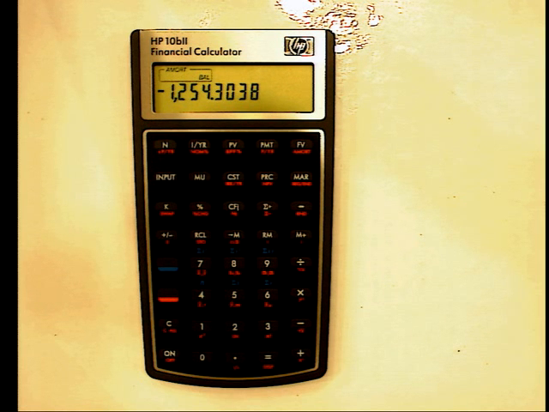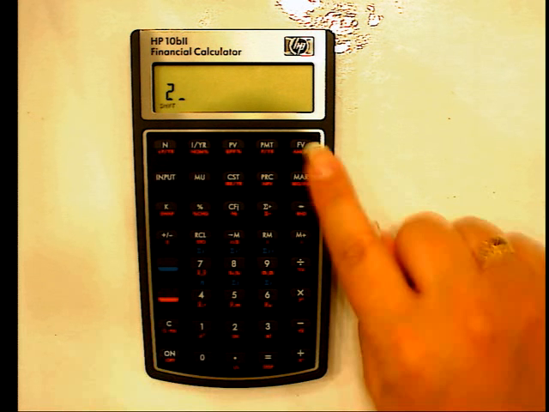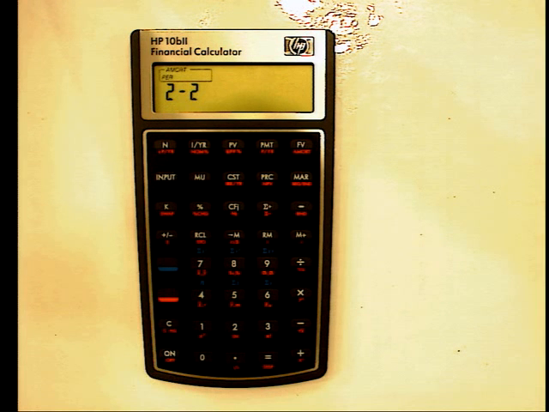So we want to find the second payment, okay? So we press 2. So we want to find the interest and principal of the second year. So 2, shift, amort. And now you can see that we're looking from period 2 to 2. So the beginning of the second year to the end of the second year. And again, simply press the equal sign to scroll through the program.